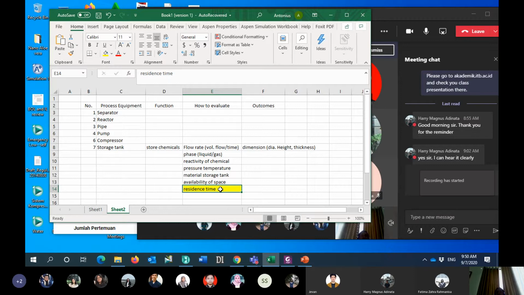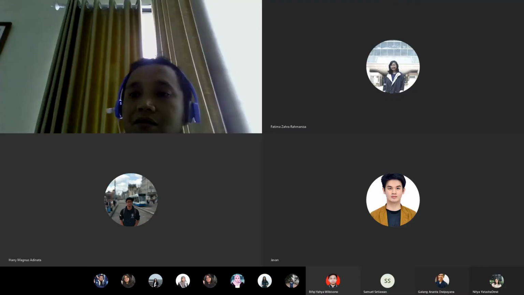In terms of corrosion, you have to calculate the corrosion rate to connect your chemical reactivity parameter with the thickness of your storage tank. This is an example of the things that you have to understand when you evaluate a plant.